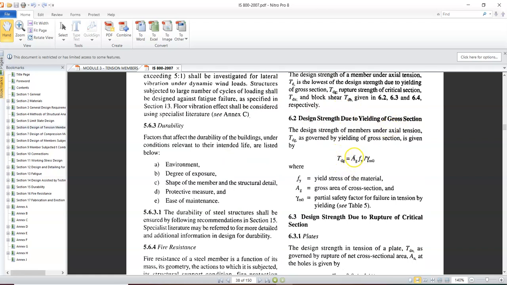So you have to calculate area required using these permissible stresses. So this says yielding strength due to gross section TDG is equal to AG into Fy by gamma m naught. In this case, load is given to us. So with that, you have to calculate what is the area required to take a load of 125 kilonewton. Therefore, Fy by gamma m naught is the permissible tensile stress.